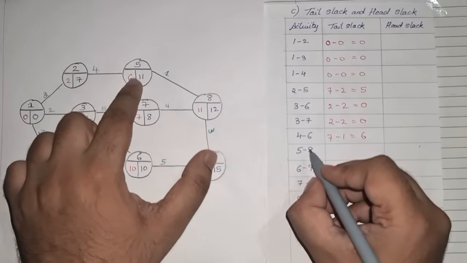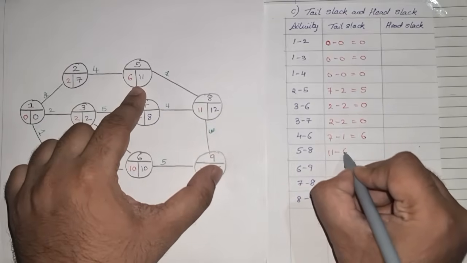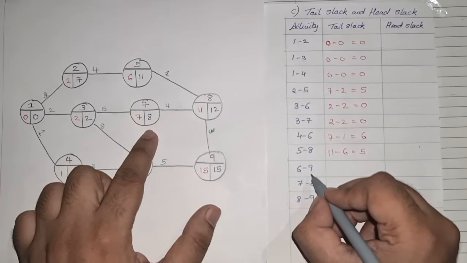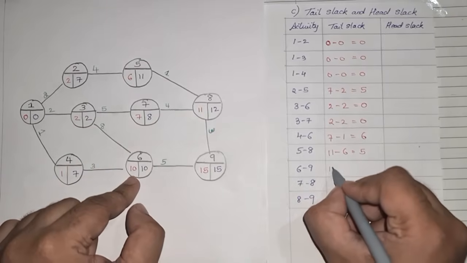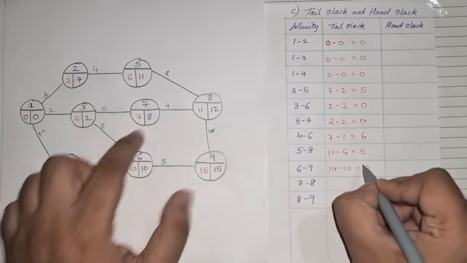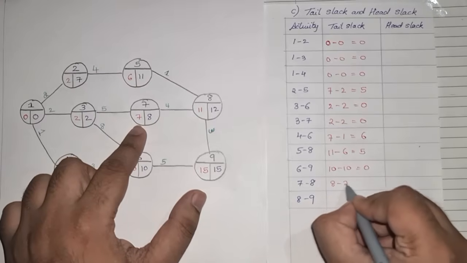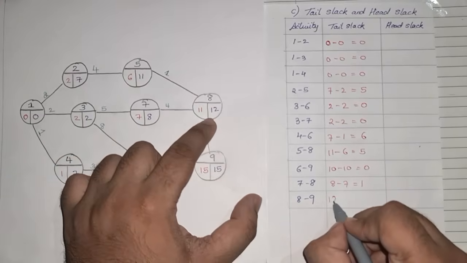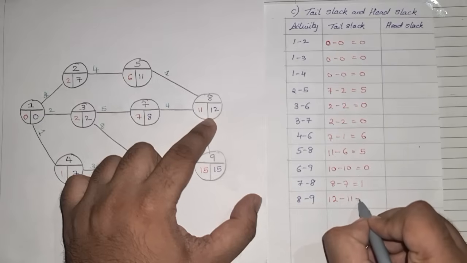For activity 5, 11 minus 6, which is 5. For activity 6, it will be 10 minus 10, which is 0. For activity 7, it is 8 minus 7, which is 1. And for activity 8, it will be 12 minus 11, which is 1.